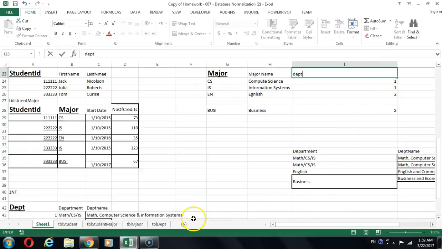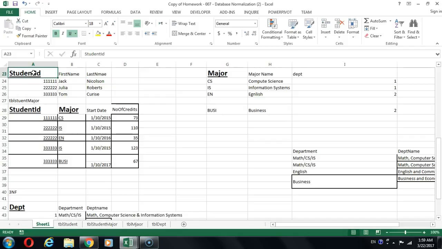In order for us to get the link between the table major and the table department, I don't need to worry about that transaction table or the student's ID with the major table, because that's going to be the one in the relationship. That's going to be the many, and this is going to be the one.